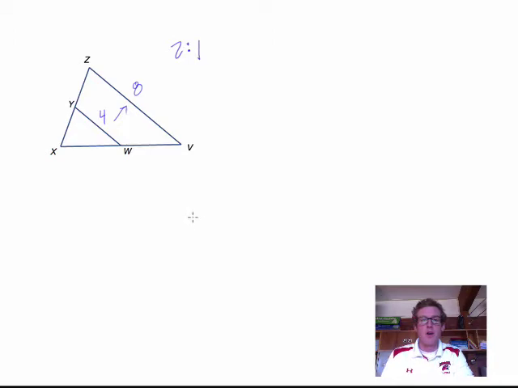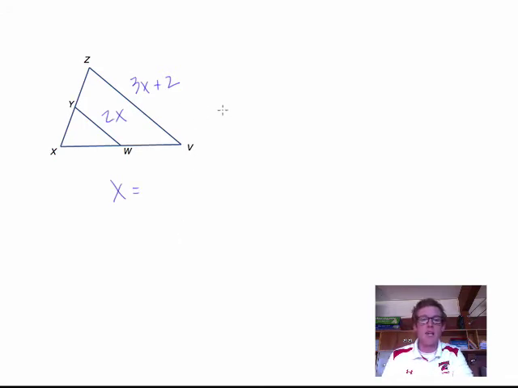Okay, so something that you may see in IXL could be, let's say, length ZV is 3x plus 2, and length YZ is 2x. And then they'll say, well, solve for x, right?